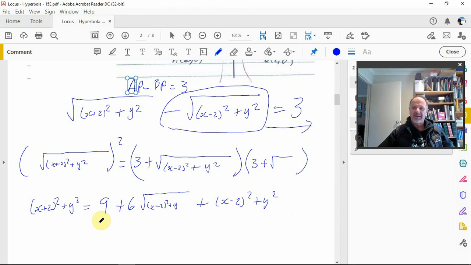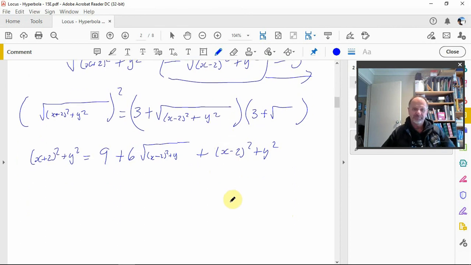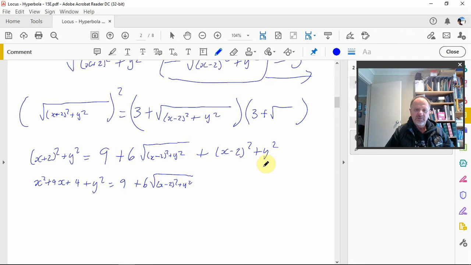All right, expand, collect your like terms. So I've got on the left x squared plus 4x plus 4 plus y squared equals 9 plus 6 times the square root, with a squared there, plus x squared minus 4x plus 4 plus y squared. Collect some like terms.